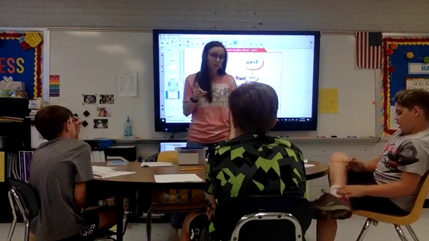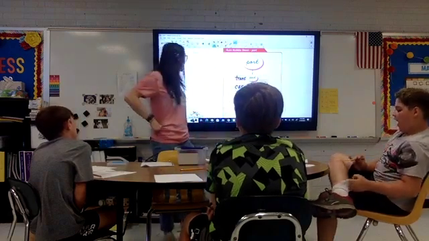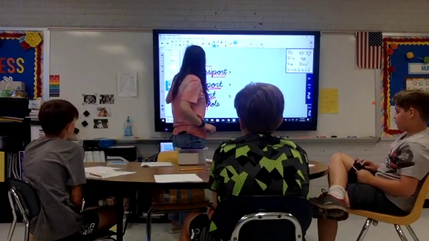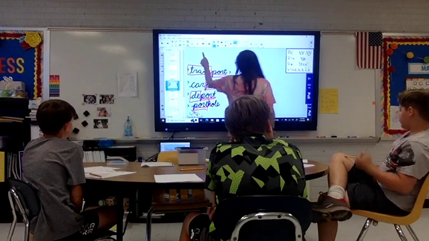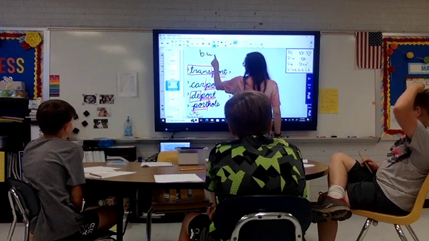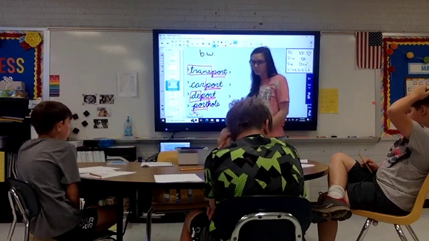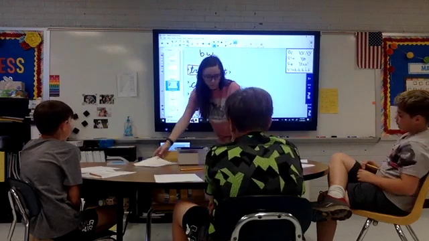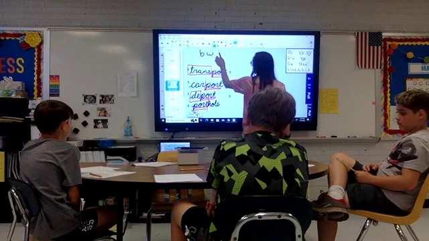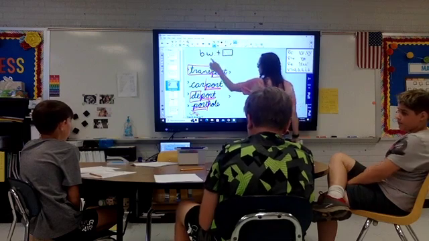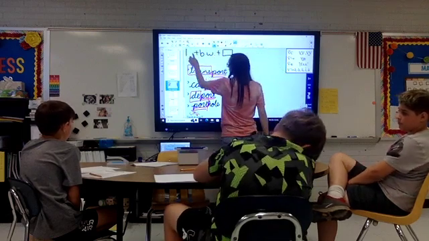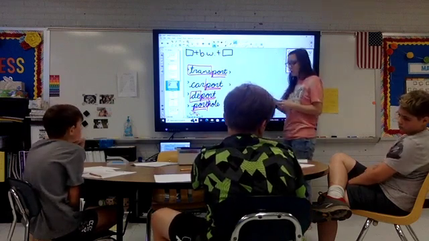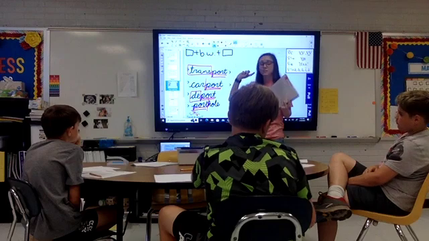I forgot to do one part at the beginning of this, but we're about to learn another one, so I'm going to refresh your memory. Let's go back to this page. A base word is the simplest form of an English word, correct? Okay. An affix is letters added to the end of the word or the beginning of the word that change its usage or meaning. Who remembers what a base word plus an affix is called?